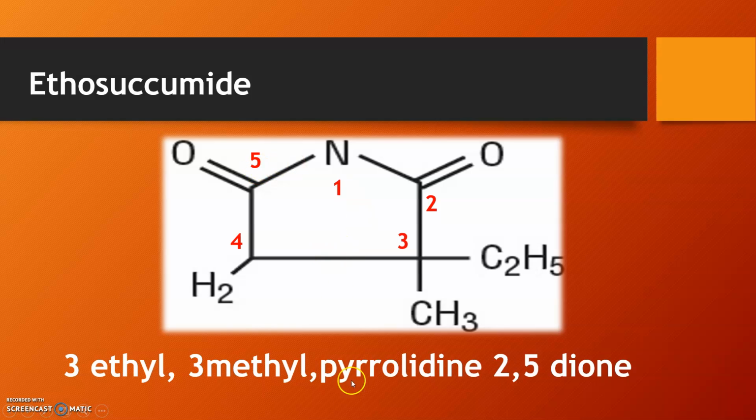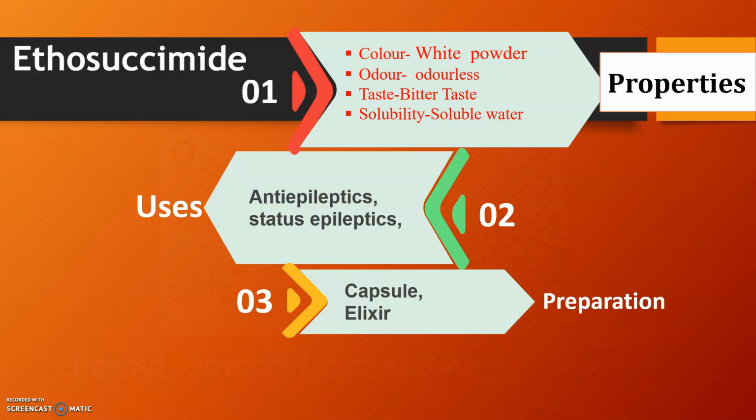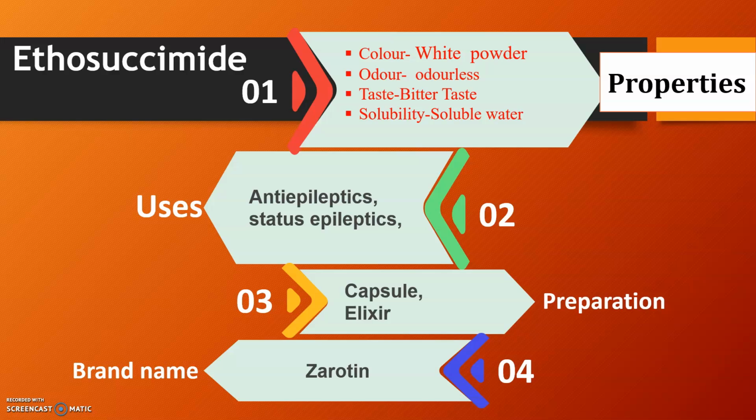Then there is a 5-membered pyrrolidine ring, and positions 2 and 5 contain oxygen, that's why 2,5-dione. The name is ethosuximide. What are the properties, uses, preparation and brand names of this drug? I hope you write in your notebook also.